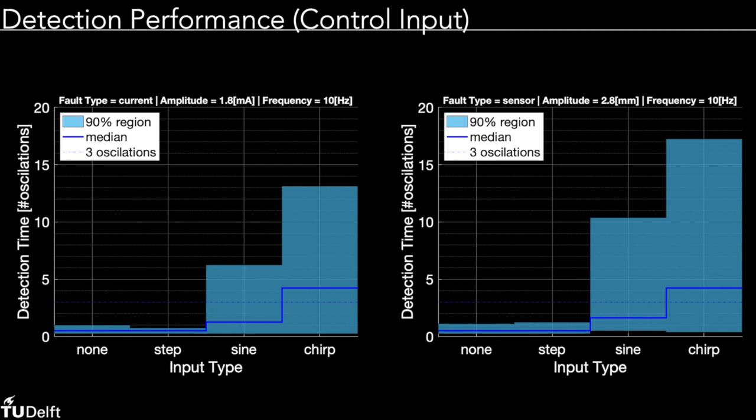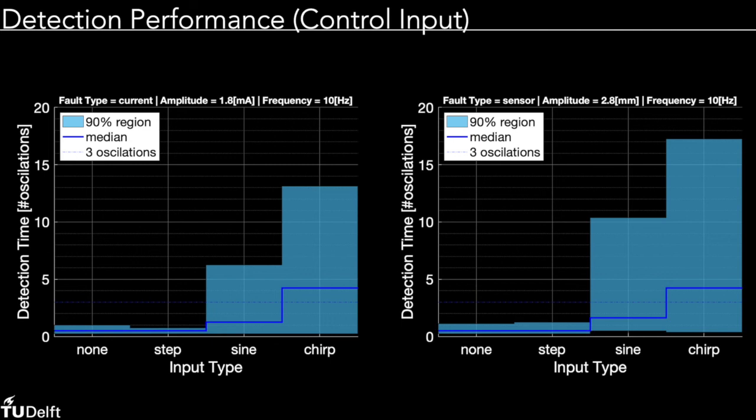We also did simulations with different control inputs. Here, we only show simulations for the 10 Hz faults with an amplitude of 1.8 milliampere on the left and 2.8 millimeters on the right. These amplitudes are chosen such that the detection without control input is comfortably within the 3-period requirement.